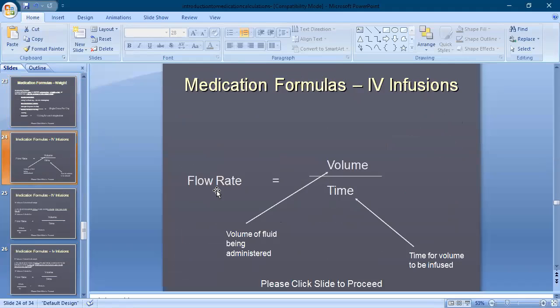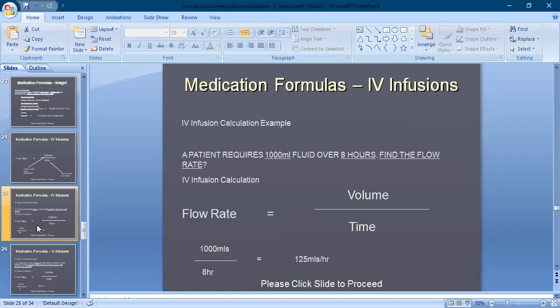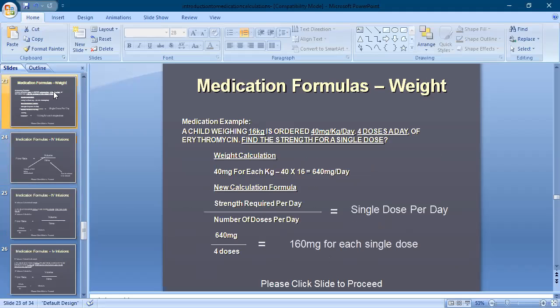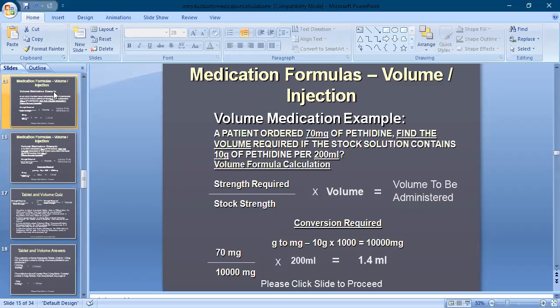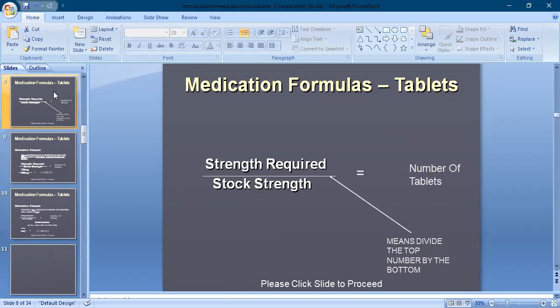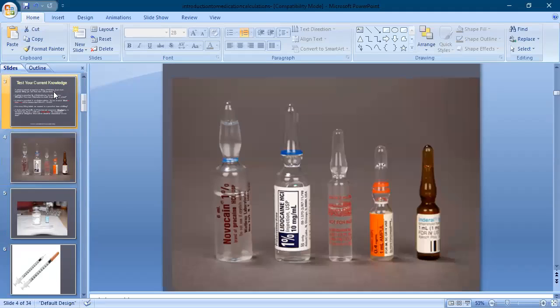So in that question, they gave the flow rate and the volume, and you have to find the time. Just put down the flow rate is 100, volume is 1000. How much time? Just cover it: time goes there, flow rate comes here, volume divided by the flow rate, and you can find the time. We will come back with more explanation, but let me finish the other 2 questions.